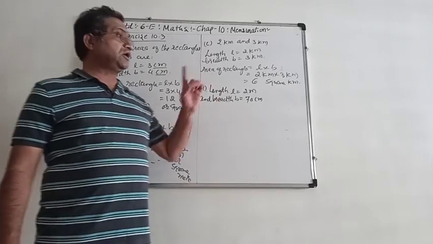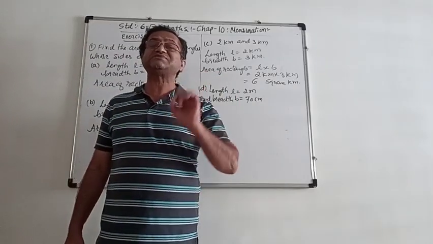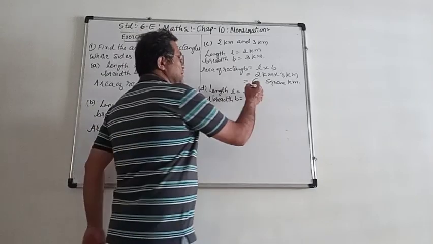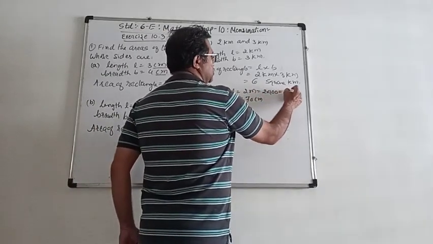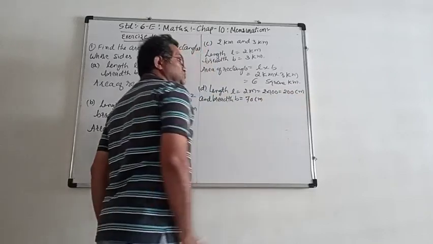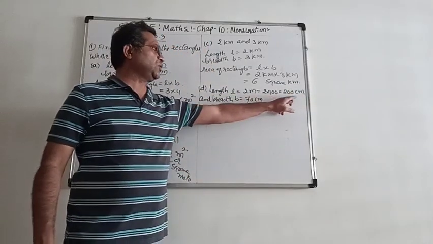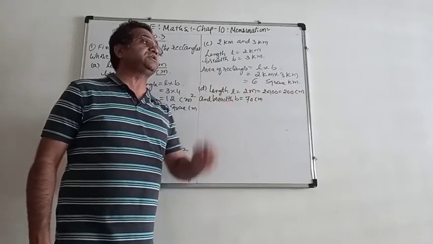So now both must be in the same unit. So here we will convert 2 meter, means 2 multiplied by 100, that is 200 centimeter. So the length we have to take as 200 centimeter, not the 2 meter.